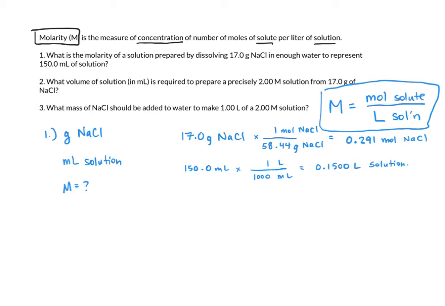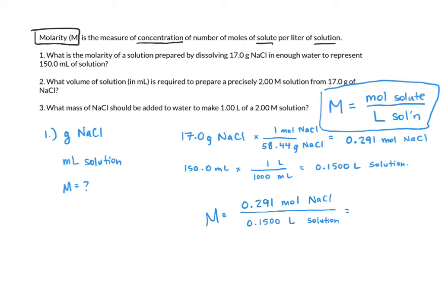To calculate our molarity then, we can just plug into the boxed equation up above. Molarity is equal to moles of solute, that's our sodium chloride, whose mole quantity is 0.291, divided by our volume of solution in liters, 0.1500.